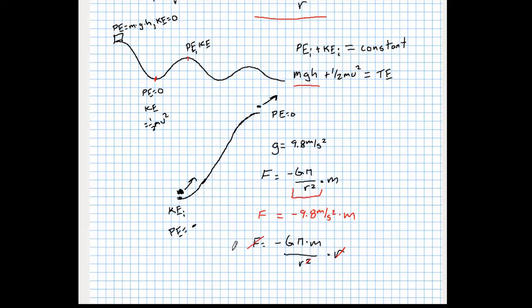That's no longer a force anymore. That's the potential energy. So writing that out in full, the potential energy due to the interaction with the Earth is negative the mass of the object times the gravitation constant times the mass of the Earth divided by the distance from the center of the Earth. That is the potential energy at different radii.